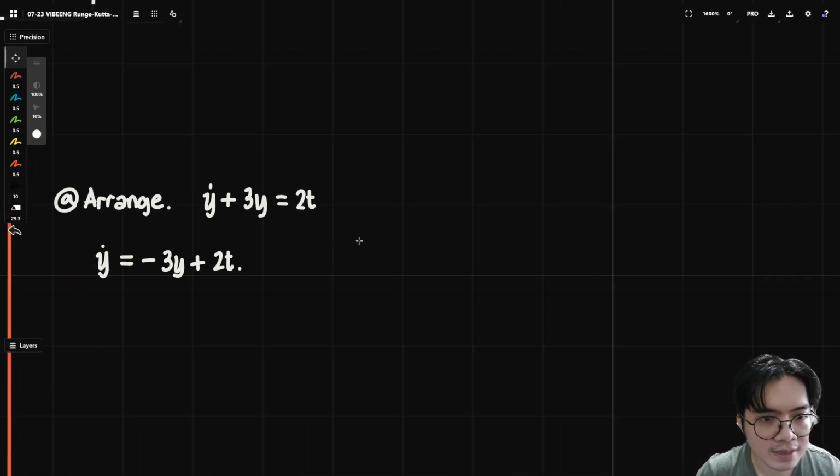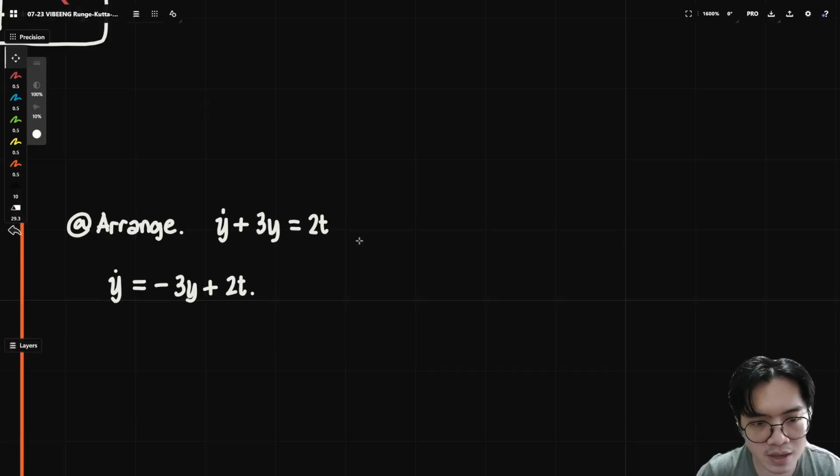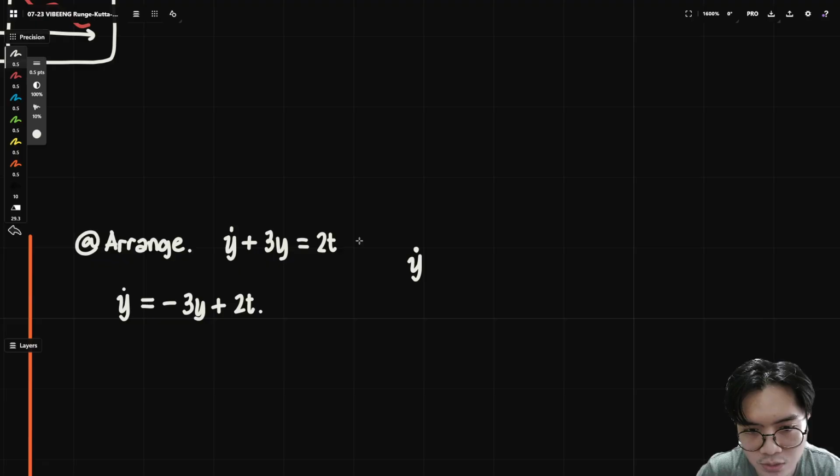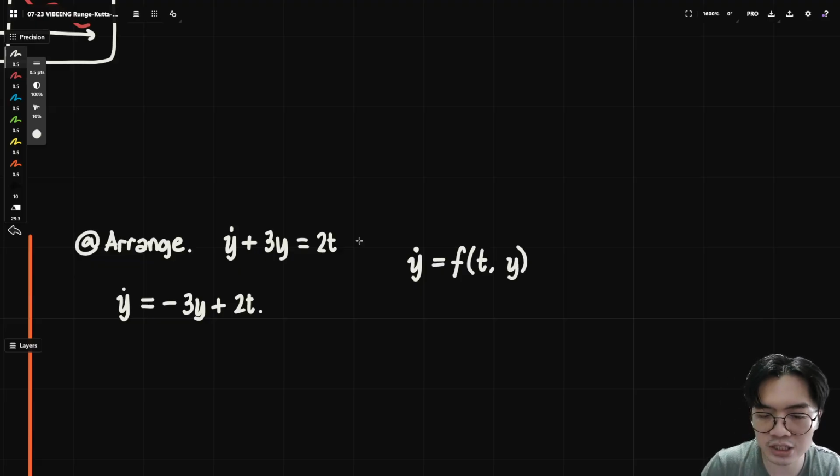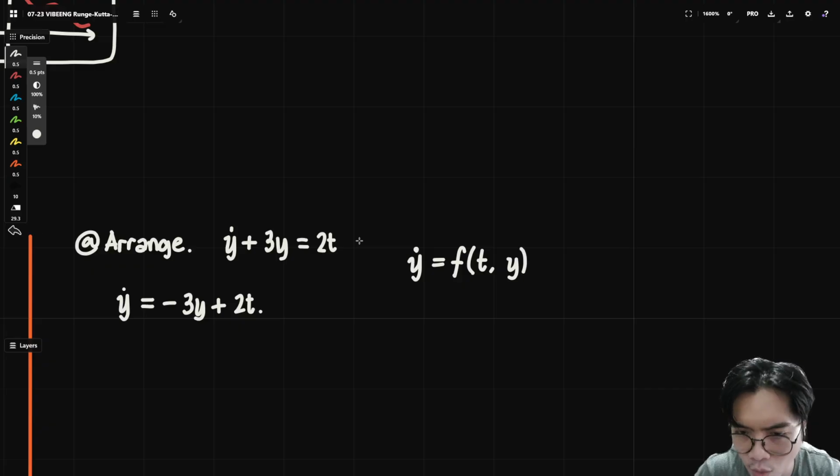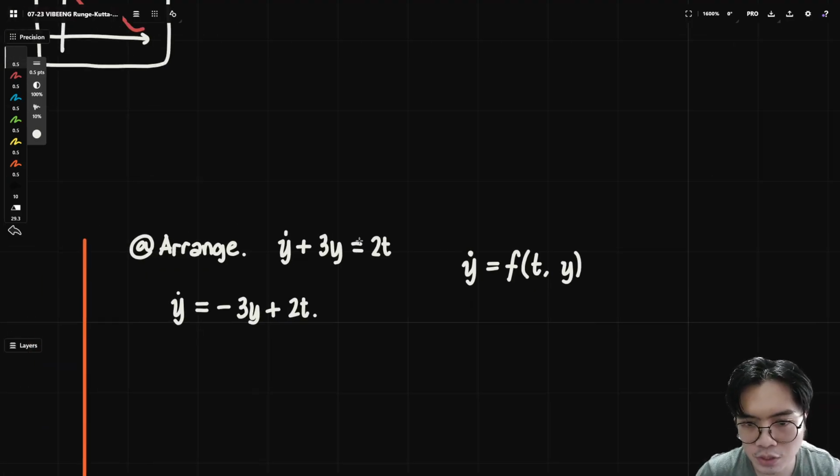And usually, kapag nag-research kayo something about this, you will always see this as y dot is equal to a function of your time and your value of y. So yun ang makikita nyo usually. Okay?